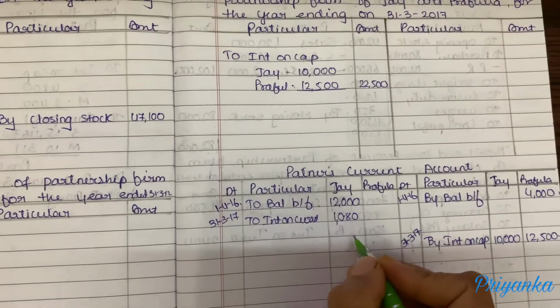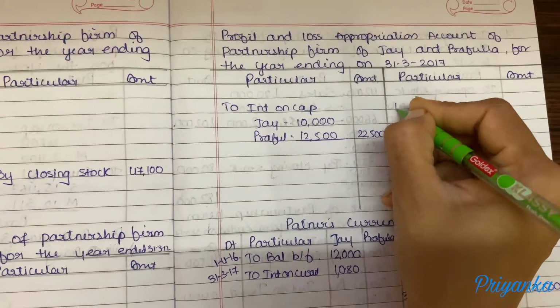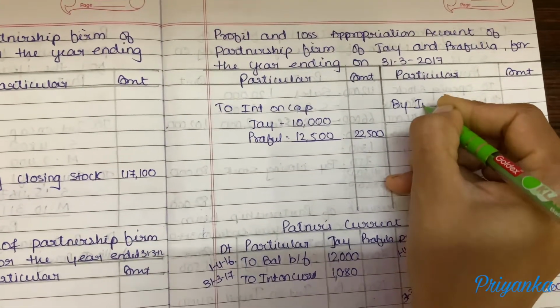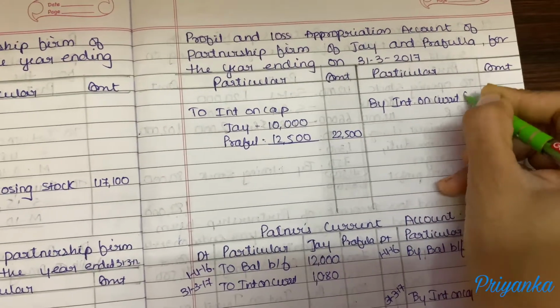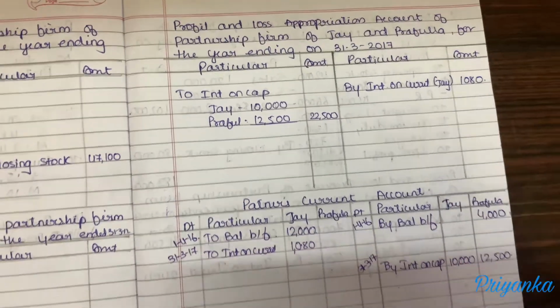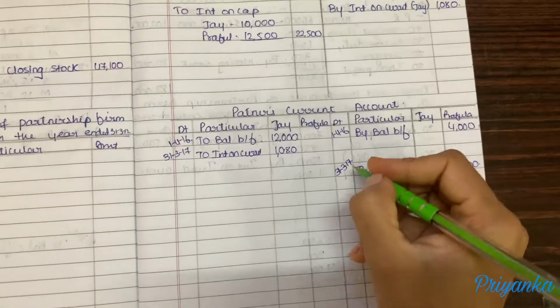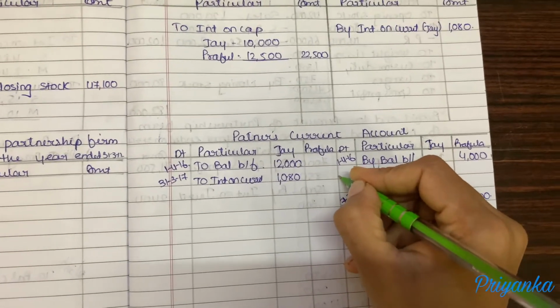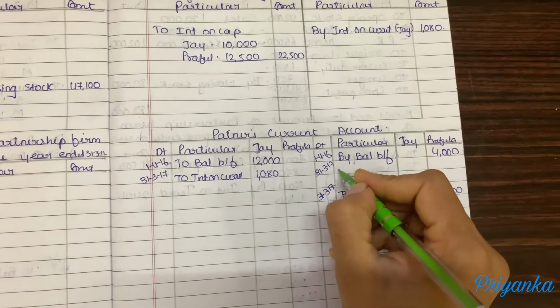So we can move to the cross and write down over here interest on current for the partner J with the amount 1080. And now we'll calculate interest on current for Prafulla.